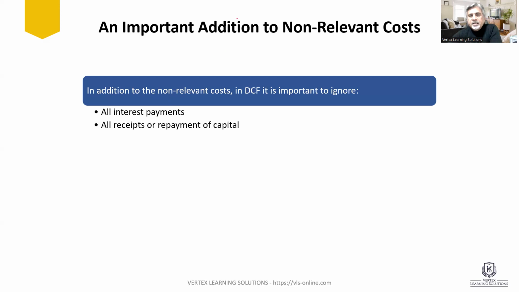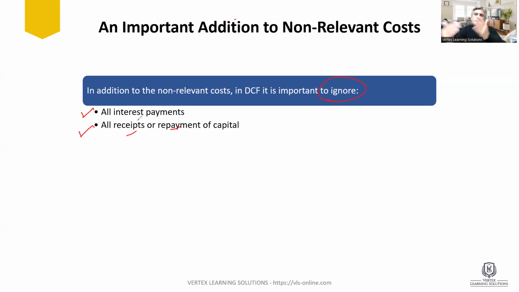Remember that you might take a loan for a business and you pay interest, and that is cash. But you need to ignore all interest payments and all receipts or repayments of capital, whether you return the loan or pay interest on it. When you make your cash flow calculation, because you will do DCF, you will say my sales revenue is this much, my variable costs are this much, my fixed costs are this much, my tax expenses are this.